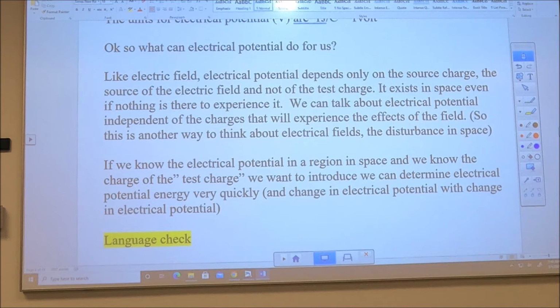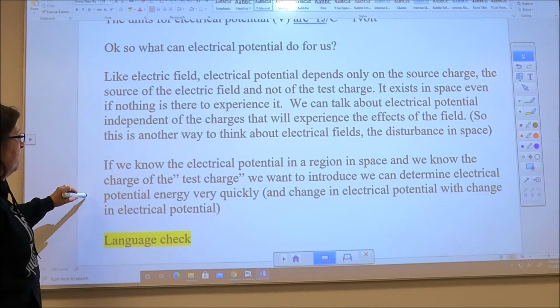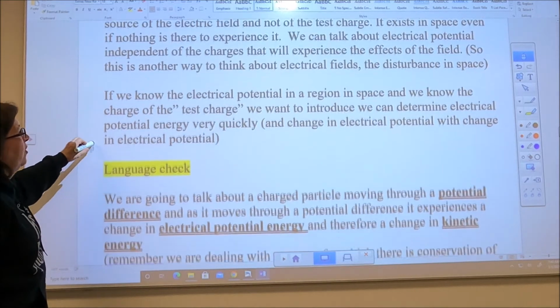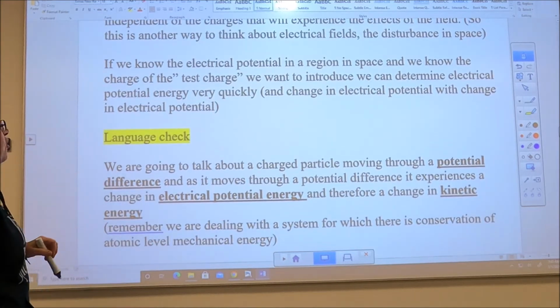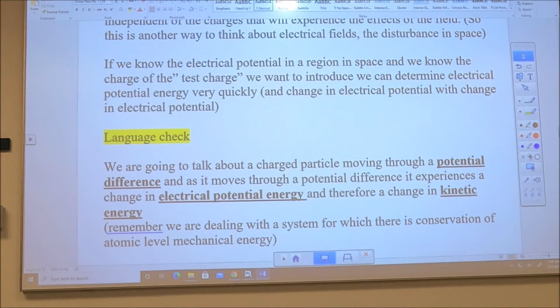So electrical potential is just another way to talk about electric fields and disturbances in space. So we know if there's an electric field in a region of space, there's an electrical potential in the region of space, and we know that a test charge introduced to that region in space is going to have electrical potential energy, okay, and it's going to experience an electric force.